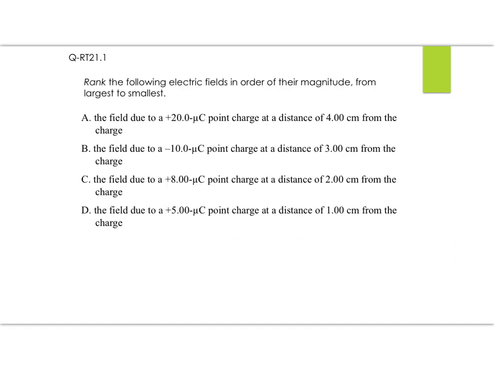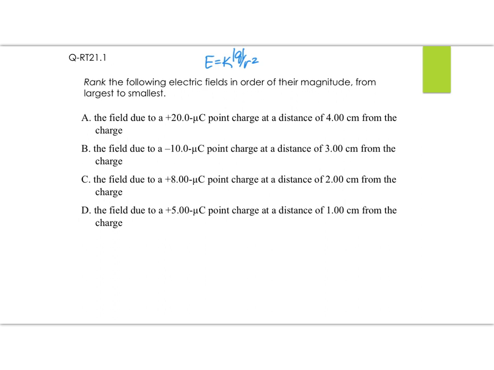Okay. Our first question is ranking the electric fields in terms of their magnitude. We might at first be tempted to plug in and do all the calculations using just the magnitude of the charge.